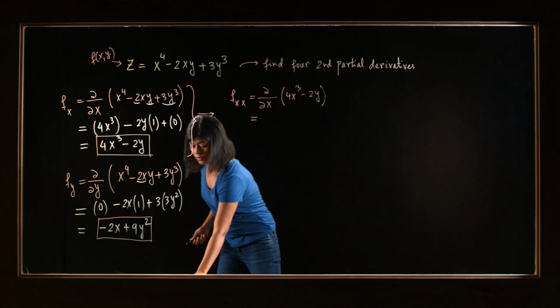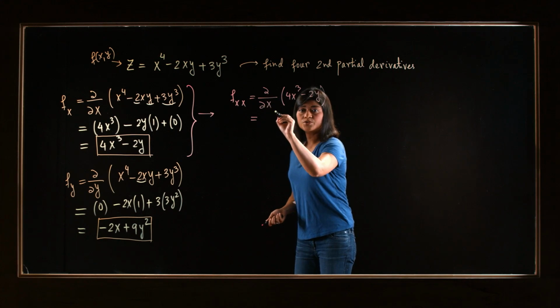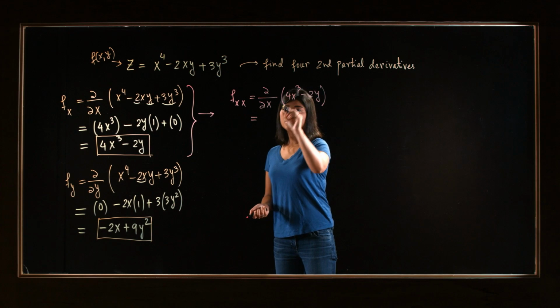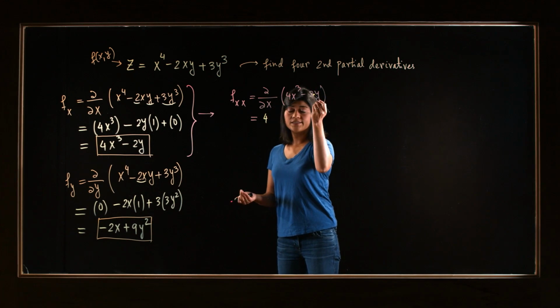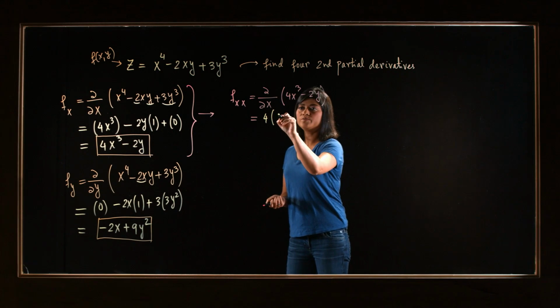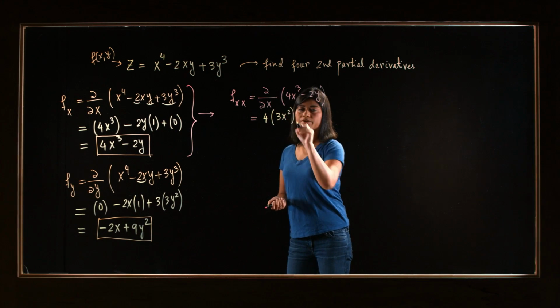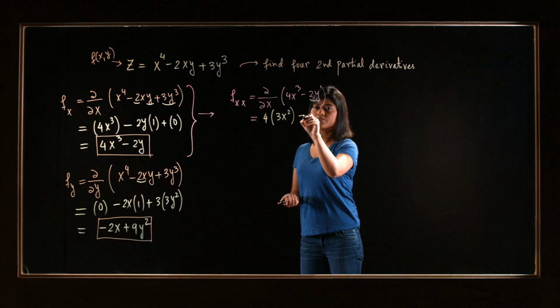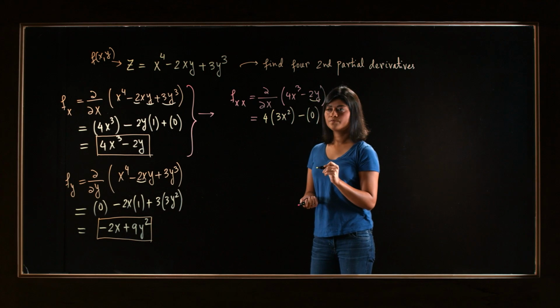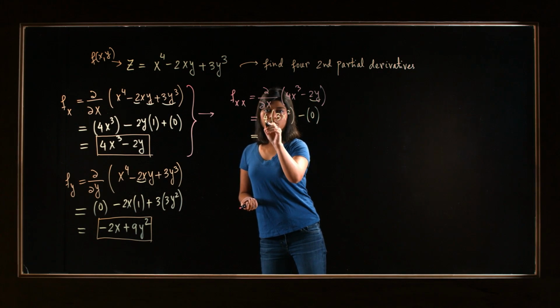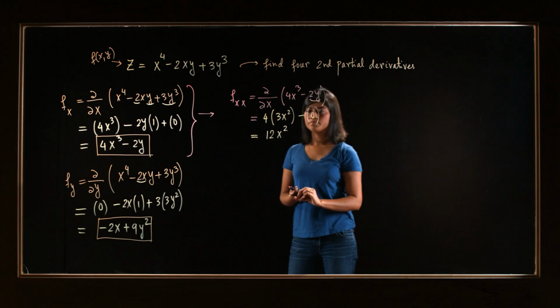Again, recall this is with respect to x, and therefore y is considered constant. The first term has x in it. 4 is a constant, pull it out. The derivative of x cubed is 3x squared. For the second term, 2y is a constant, so the derivative is 0. And so this second partial derivative is 12x squared.